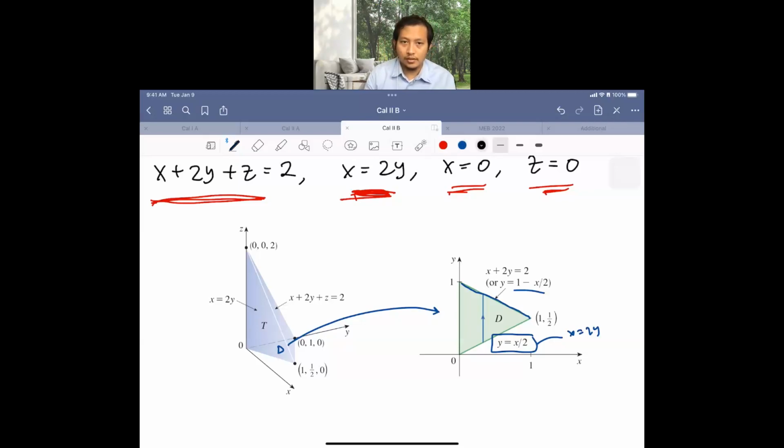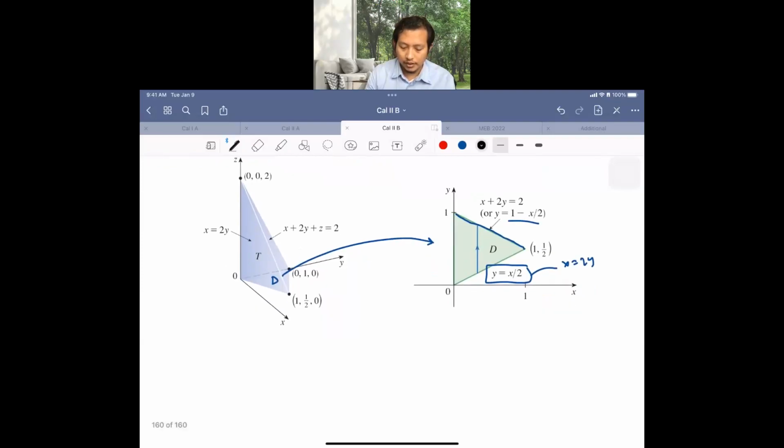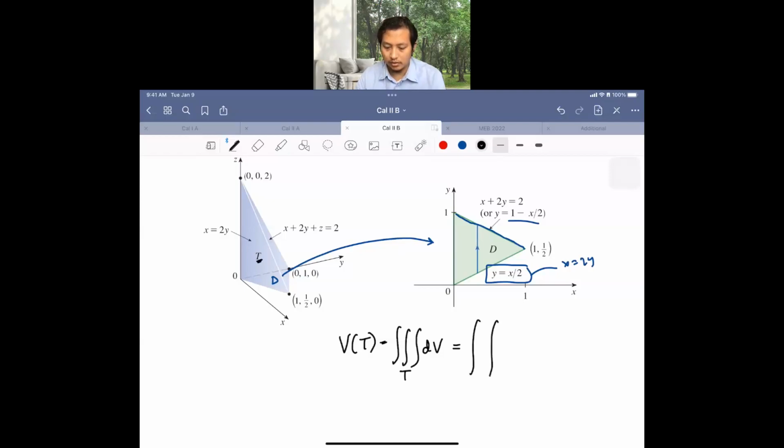Now the next thing is we could take the volume as an integral. Let's just write the triple integral of dv. And for this region T, we could write dz, dy, dx.